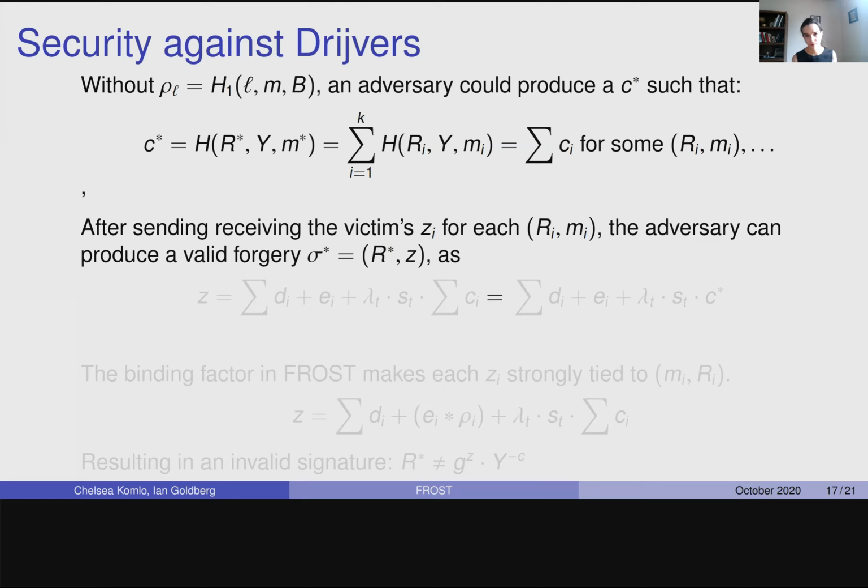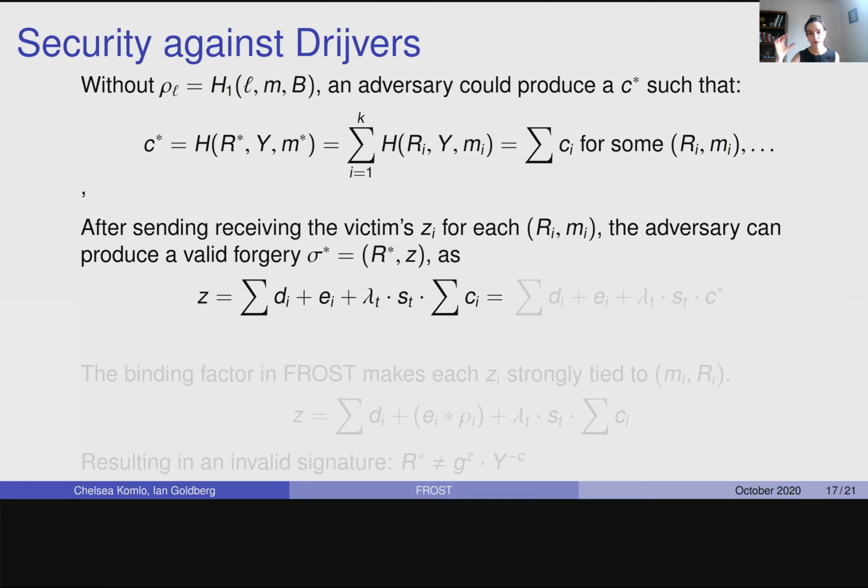After the victim signs and returns their response z_i, the adversary would be able to produce a valid forgery over the commitment R star, as the sum of these little d_i plus little e_i plus the long-lived signing key, and this would essentially evaluate to the sum of all of these challenge values.